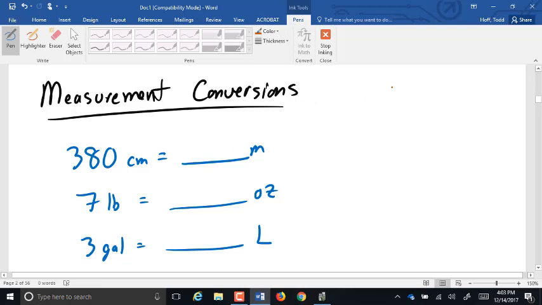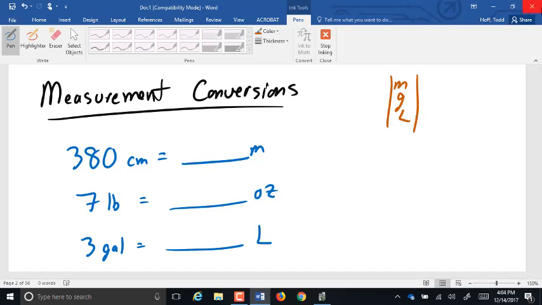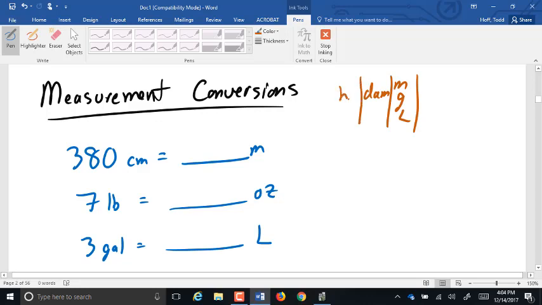Remember, for the metric system, we have our chart. It's meters, grams, and liters in the middle. As we move larger, it is decameters, decagrams, decaliters, hectometers, hectograms, hectoliters, kilometers, kilograms, kiloliters.